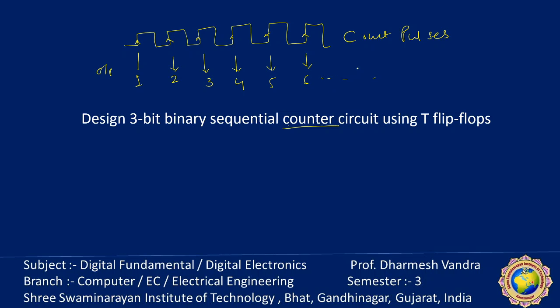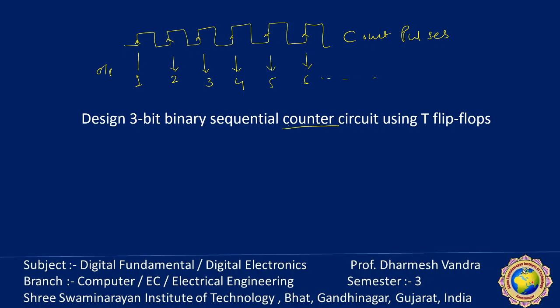This type of circuit is normally useful for a digital clock, or at the entrance of any community hall or big entertainment hall, where the counter circuit is also helpful. So today we will discuss how it is possible to generate it.